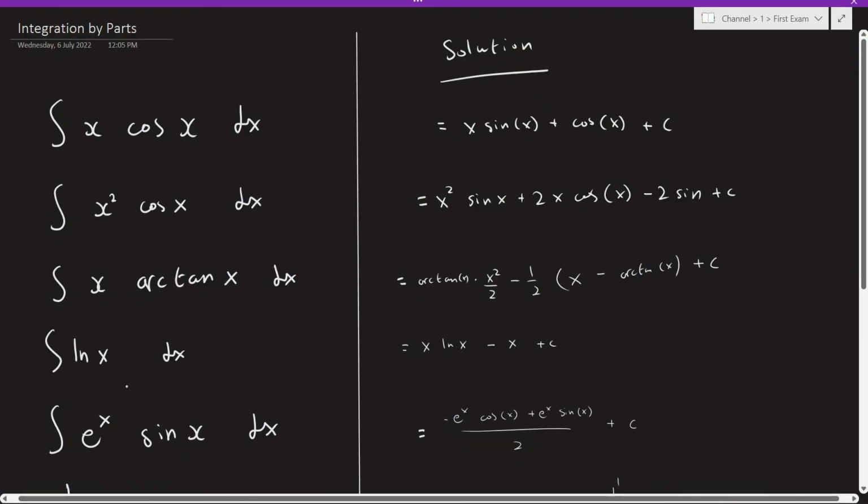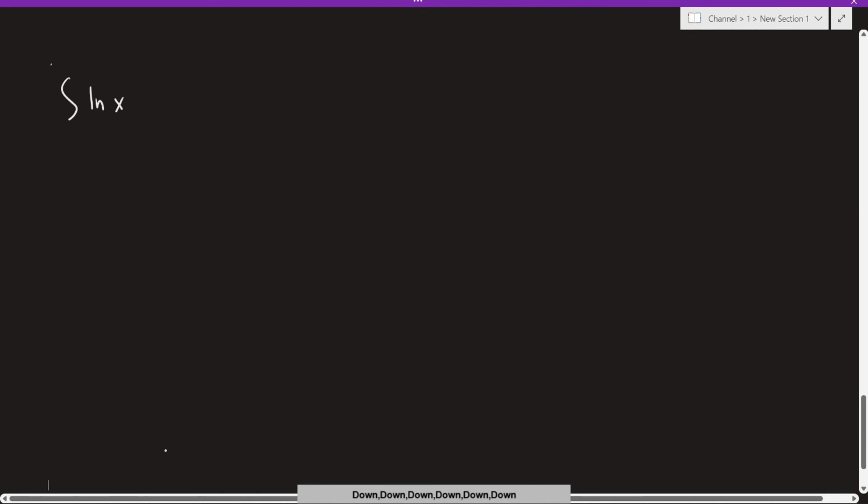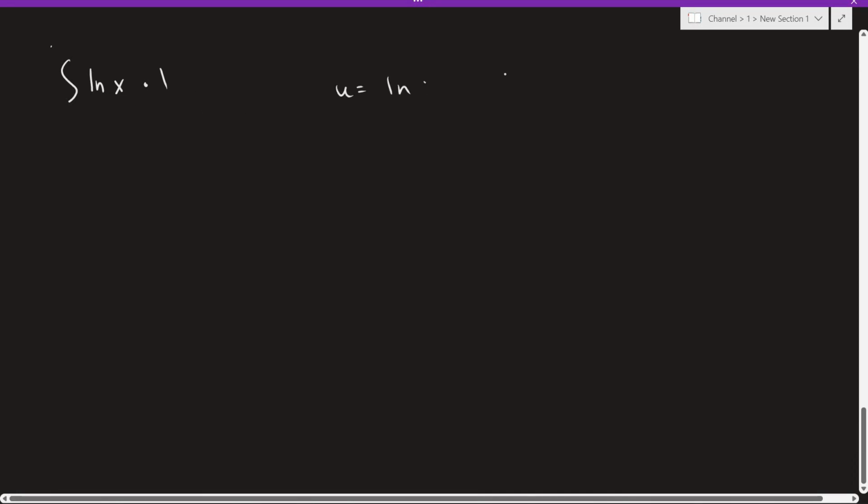Ln x. All right. In this question, we don't see two parts. That's why we have to multiply by 1. Now we have two parts. Just do this because we cannot find the integration of ln x. If you can, then do it. So u will be ln x, while v prime will be 1. The derivative of ln x is 1 over x, while the integration of 1 is x.